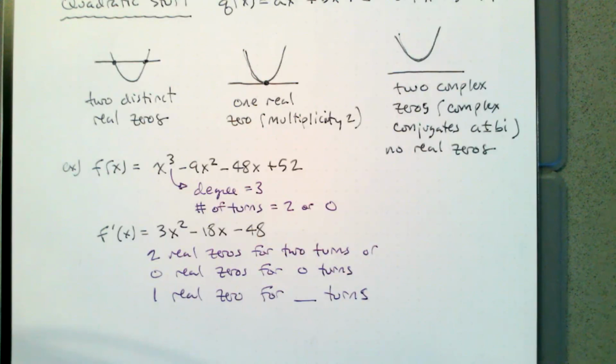So for a cubic polynomial, since the derivative is going to be quadratic, the quadratic equation will have two solutions, or it could have no solutions, or it could have one solution that gets counted twice, where the vertex is just sitting on the x-axis. Think about how many turns that's going to lead to, and what's going on with the graph if we see that.